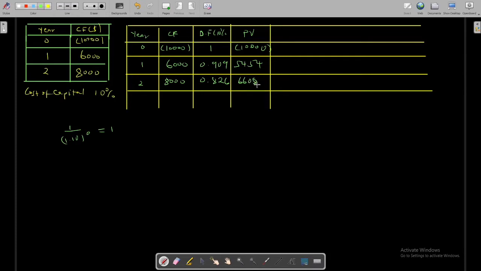Now after getting this, we need to find the net present value. What is the net present value?